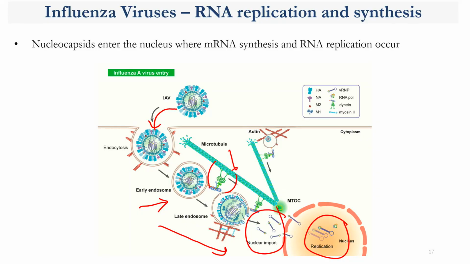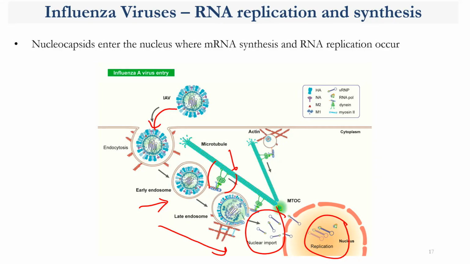Okay? And the way it works is actually very interesting, because just by controlling the concentration of one of the proteins, you can switch between transcription or replication. Okay, so you either make mRNA or you make a full-length copy.